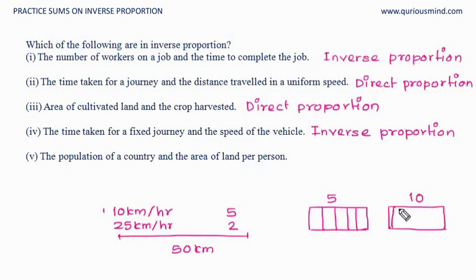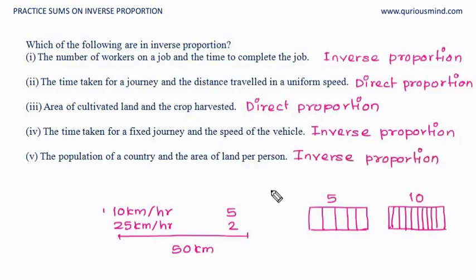Now everyone is going to get this much area. If you see, the per person land is reduced. So as the population increased, per person land decreased. So this is inverse proportion.